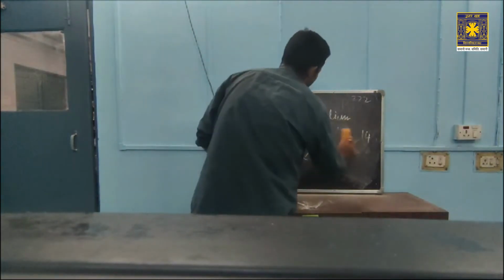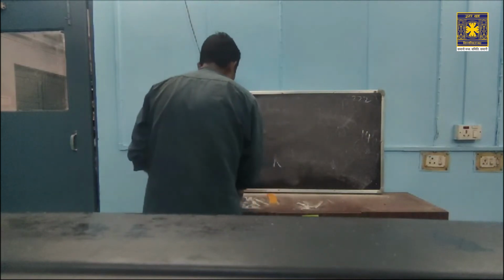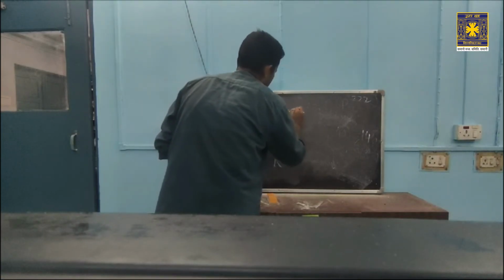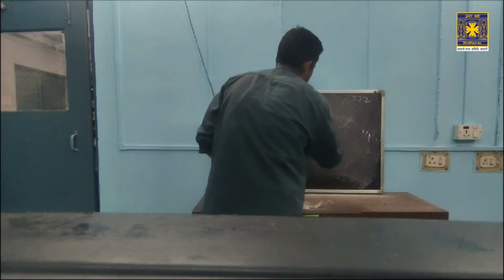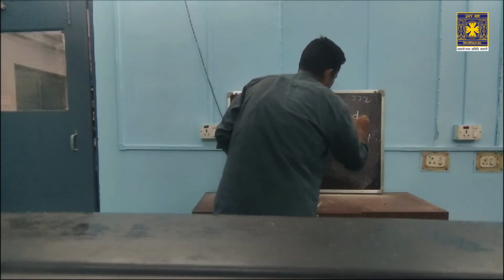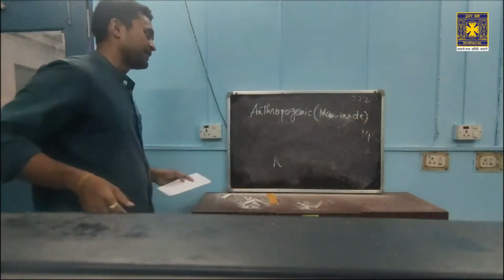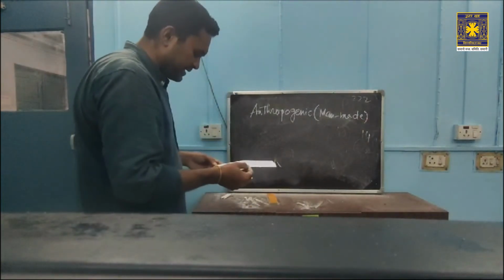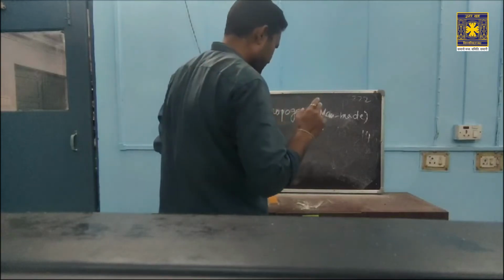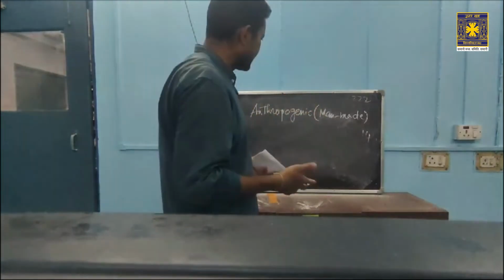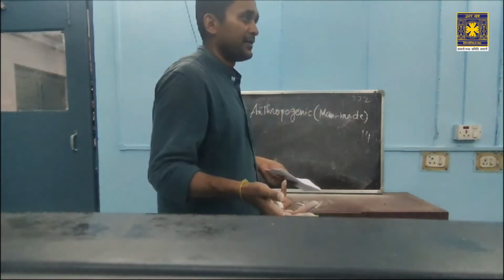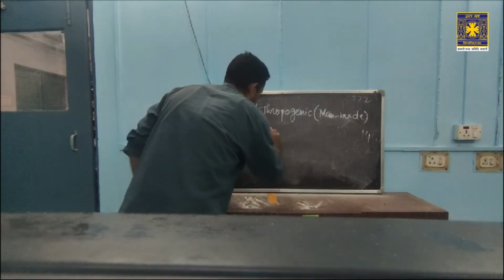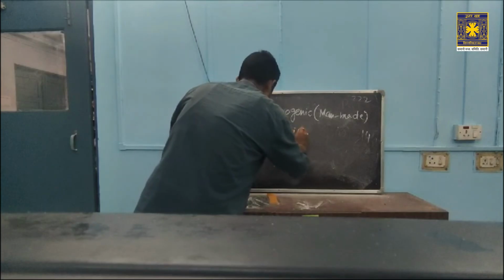Now the second one is the anthropogenic or man-made sources of radioactive pollution. It can be formed in different ways. The first one is diagnostic medical application.